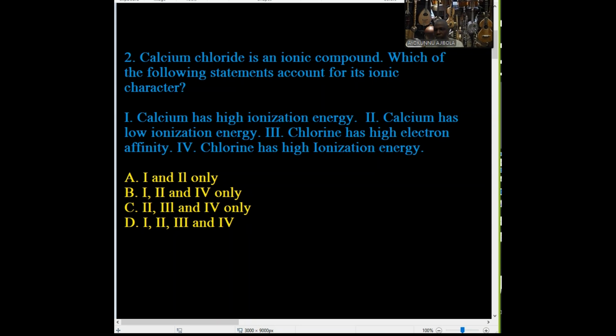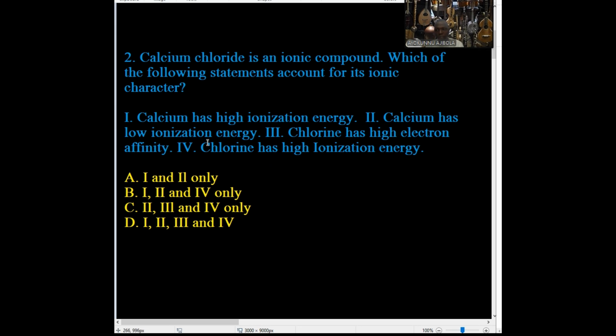The question is asking us to check which of the options 1 to 4 are correct regarding the ionic character for calcium chloride. The first says calcium has high ionization energy. The question is, what is ionization energy, let alone high or low?